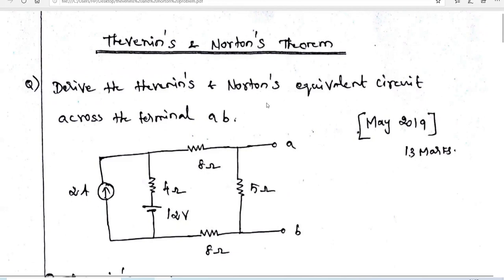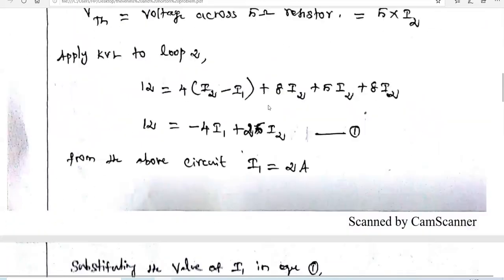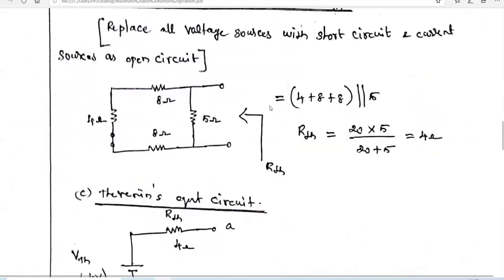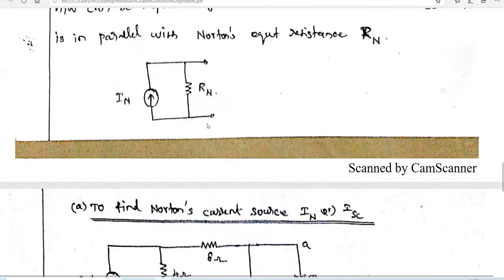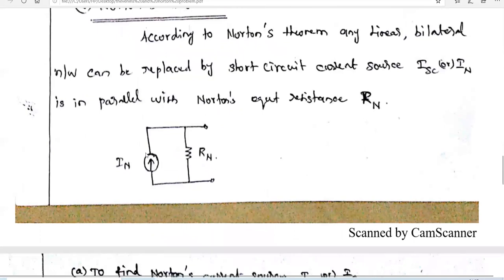Usually the Thevenin's model means one voltage source in series with a resistance. This is the Thevenin's equivalent diagram of the given circuit: one voltage source VTH in series with RTH. According to Norton's theorem, the circuit is replaced by one current source, Norton's current source IN, in parallel with RN.